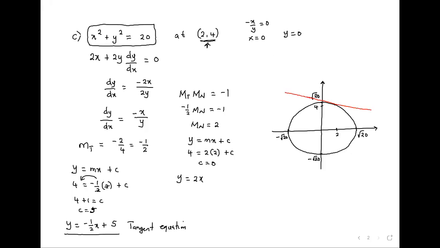It's a rough sketch, so no hard feelings. And then the normal, 2x. So the normal will be cutting in this way. Actually, 2x, so it hits there at the origin.